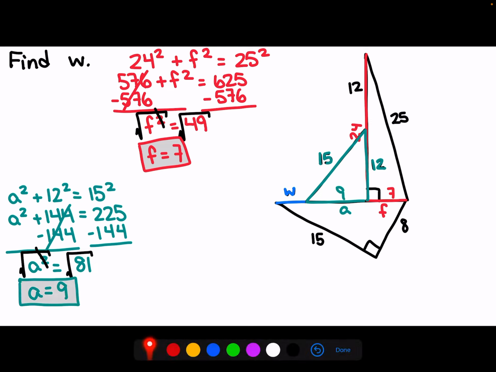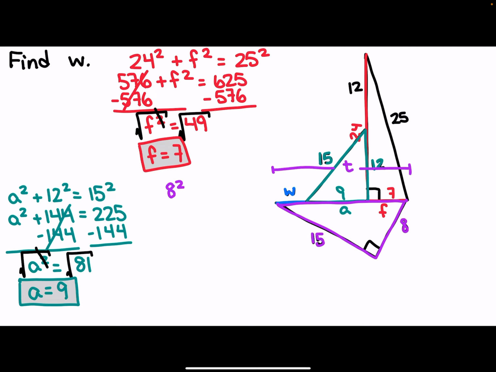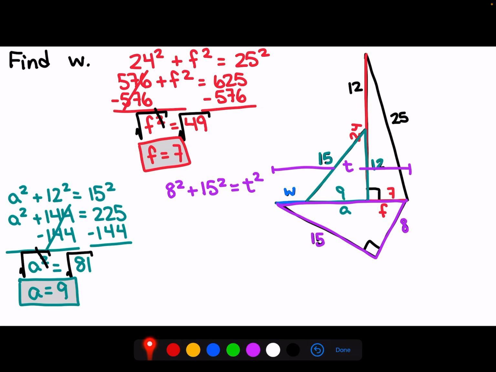So I now have side lengths of 9 and 7. I just need the full thing now, and I should be able to solve for w from there. So looking for this full piece, I'll call this full piece t. I have two legs of this triangle, so I just need to find the hypotenuse. So this time we'll have 8 squared plus 15 squared equals t squared.